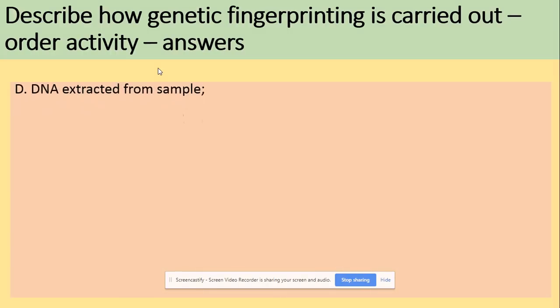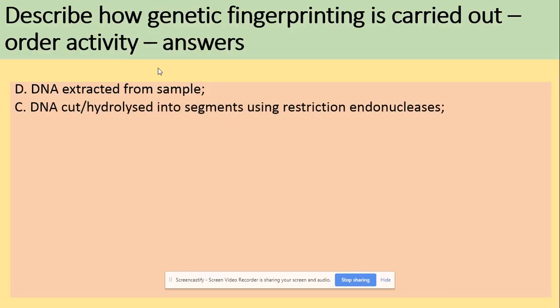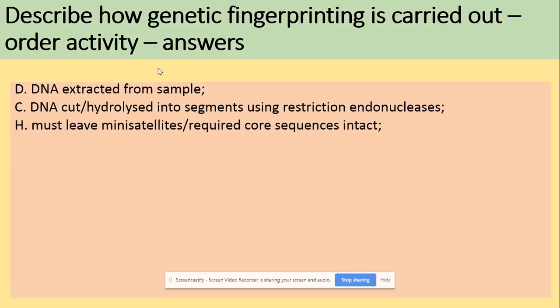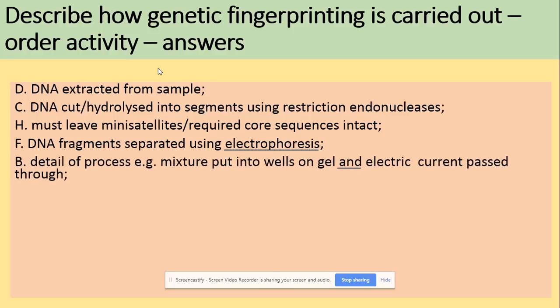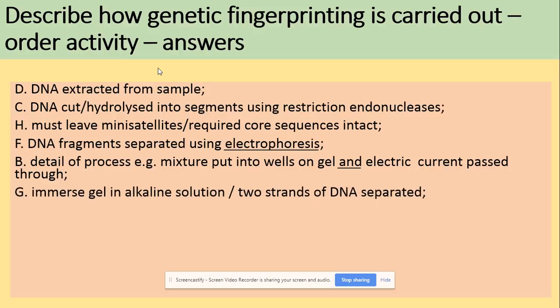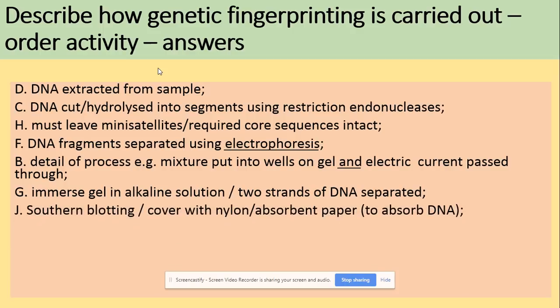Okay, so you should have: DNA is extracted from the sample. It's cut into fragments using restriction endonuclease that will recognize the target sequence. DNA fragments will be separated using electrophoresis, and you could describe the process in a bit more detail, including the electric current being passed through the gel, and an alkaline solution being applied to separate the DNA strands.